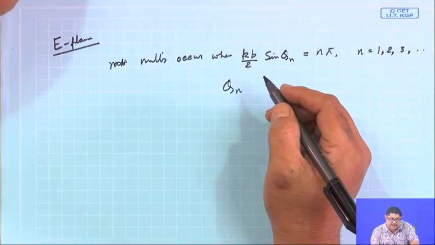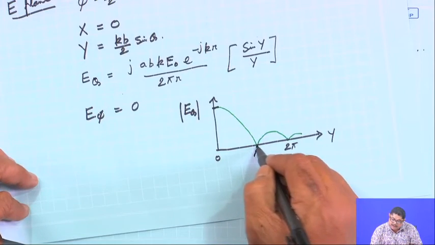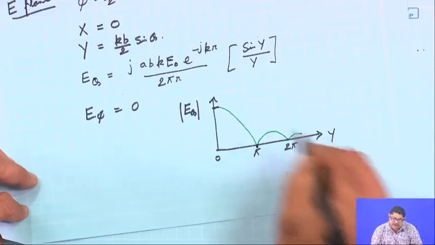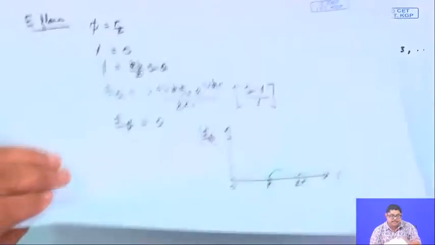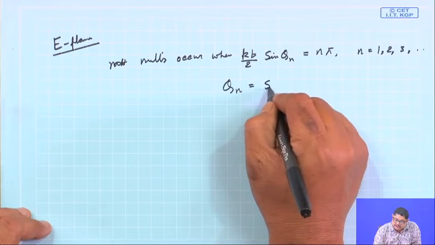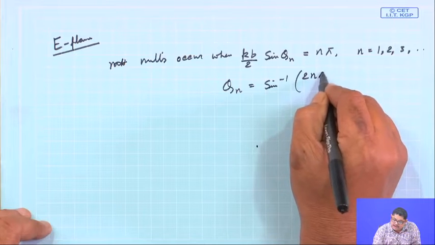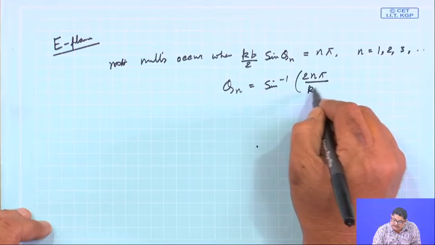That means for the E plane, here corresponding to this y, this theta n is coming. So, what is the value of this theta n? It is sin inverse 2 n pi by kb.